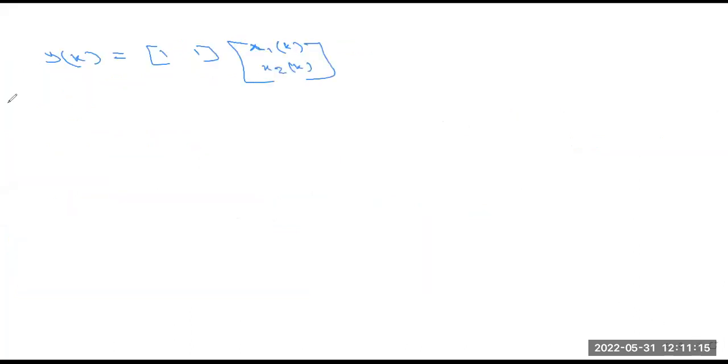Next, part B: find the observable canonical form. Now we make the matrix in the observable canonical form.